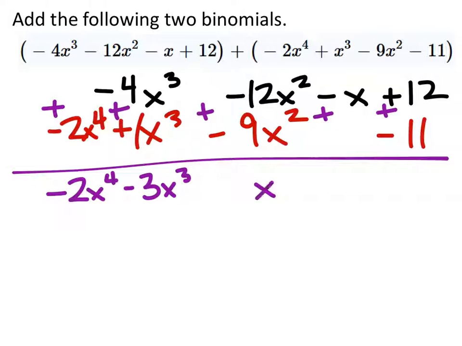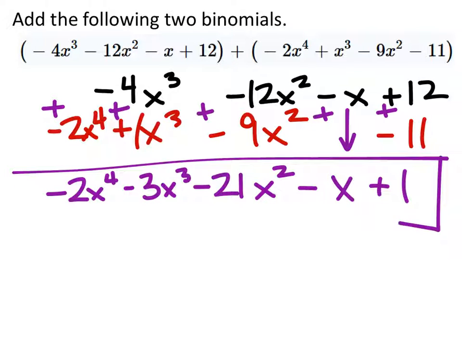In the x squared terms, we have negative 12 minus 9, which is negative 21. Then we have the negative x, which again has nothing to combine with. Then we have 12 minus 11, which leaves us with positive 1. And this is in formal descending order anyway, so that turned out pretty nice.